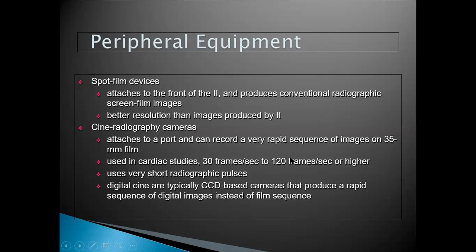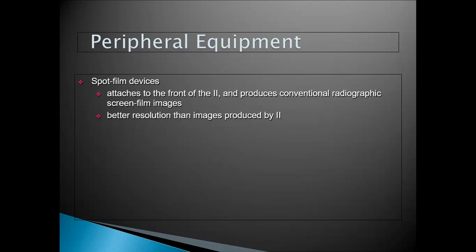But if you increase it to 120 frames, the images will be acquired at a very fast rate, such that the lag will be reduced to the minimum. So for that, the cine radiography cameras are very high speed, rapid cameras that acquire their frames very, very fast.